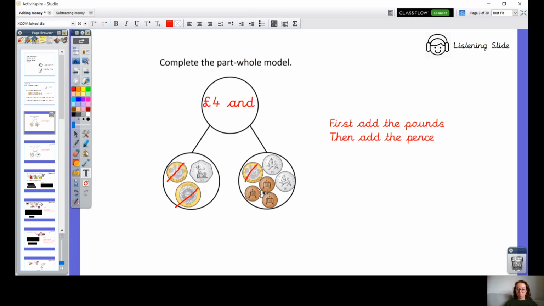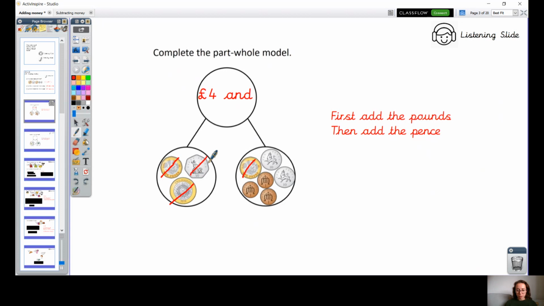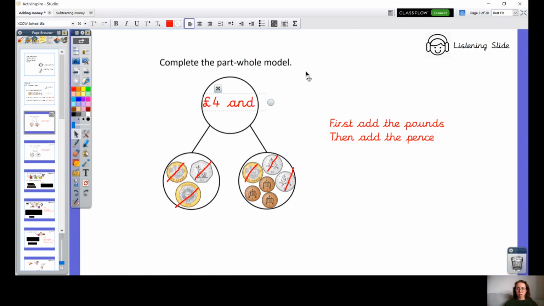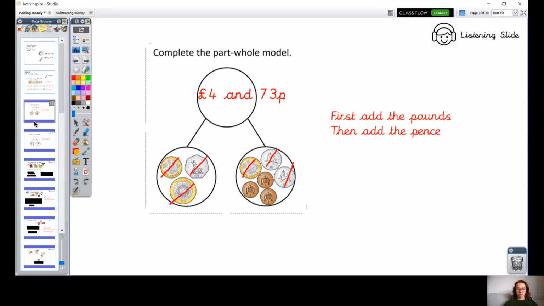Then add the pence. Let's have a look at the pence now. So I've got 50, 60, 70, and then 3 ones. So I've got £4 and 73p. That is my total. So on questions like this today, first add the pounds, then add the pence.